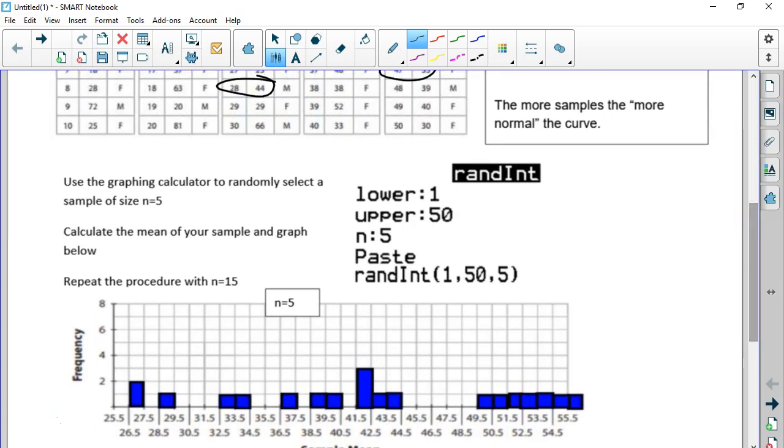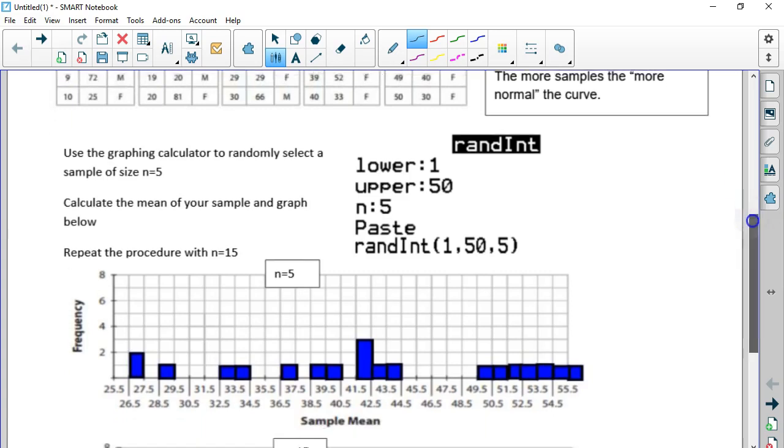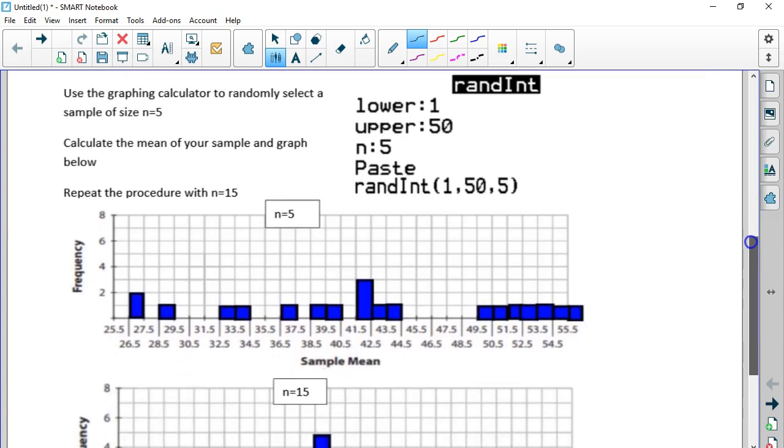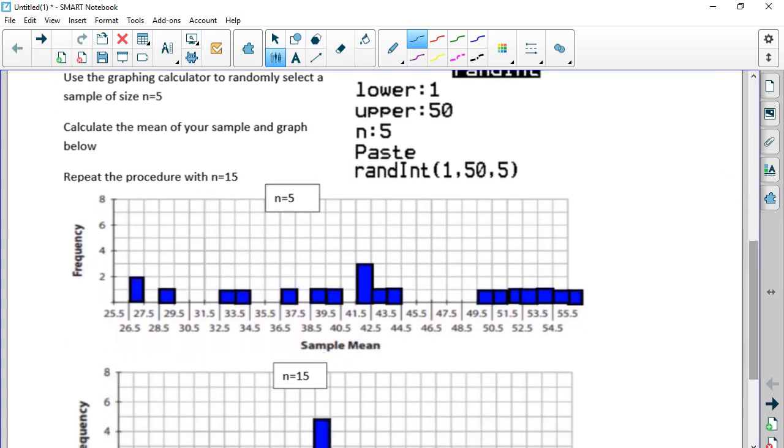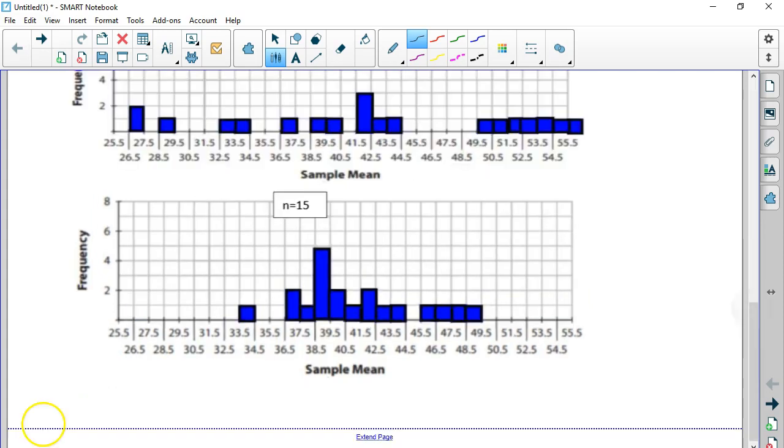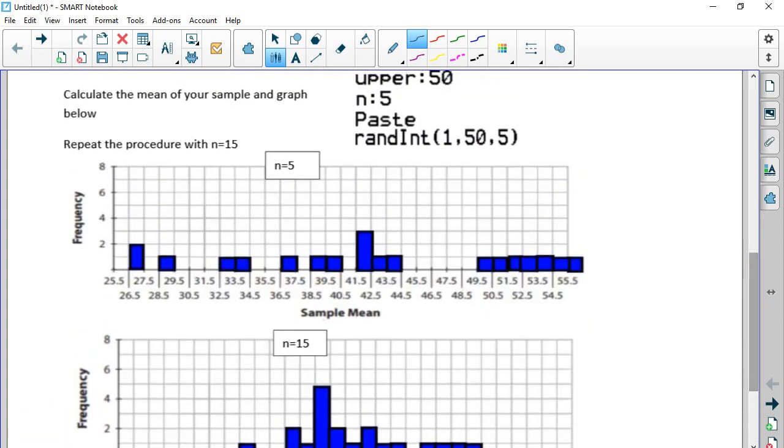Now, it says calculate the mean of your sample and graph it below. Then repeat it with 15. Now, what we have here, this graph is, if you think about it, this is 2, 3, 4, 5, 6, 7, 8, 9, 10, 11, 12, 13, 14, 15, 16, 17, 18, 19, 20.